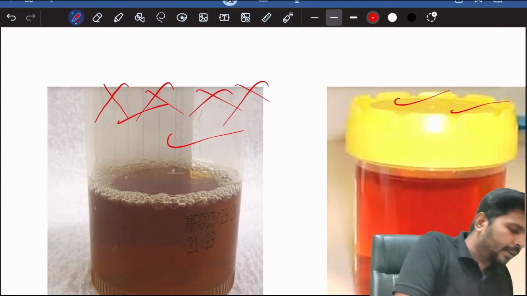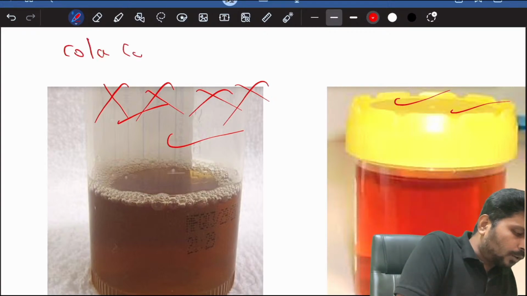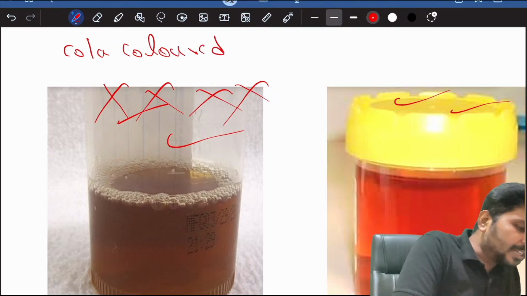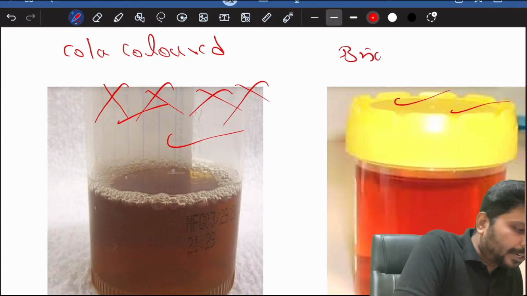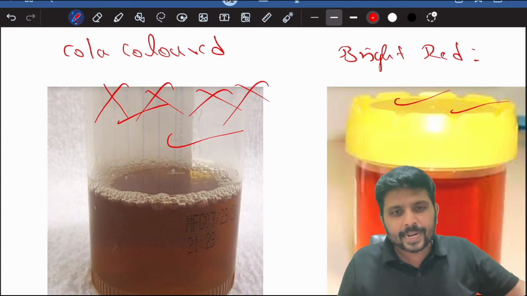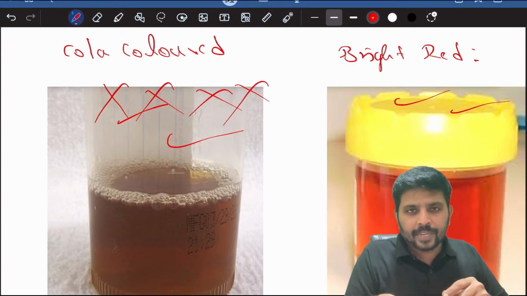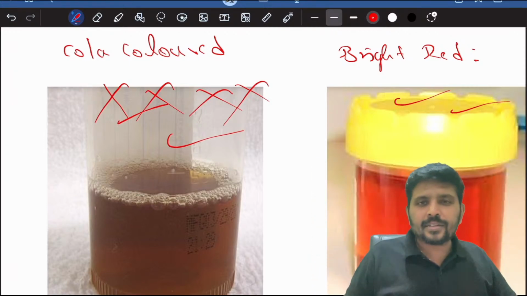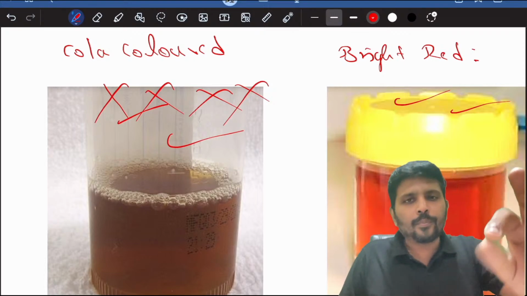Cola colored urine. So this is called cola colored urine, and this is bright red urine. What do you mean by that? Cola colored urine means the RBCs are broken down. Where are these RBCs broken down? Glomerulus.